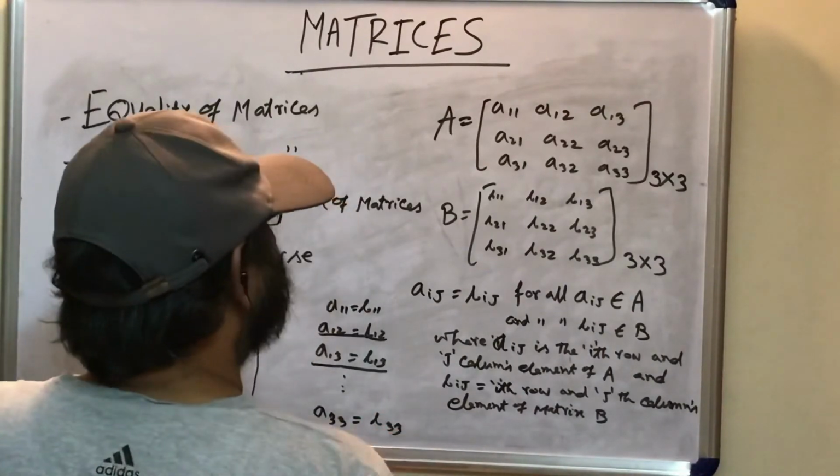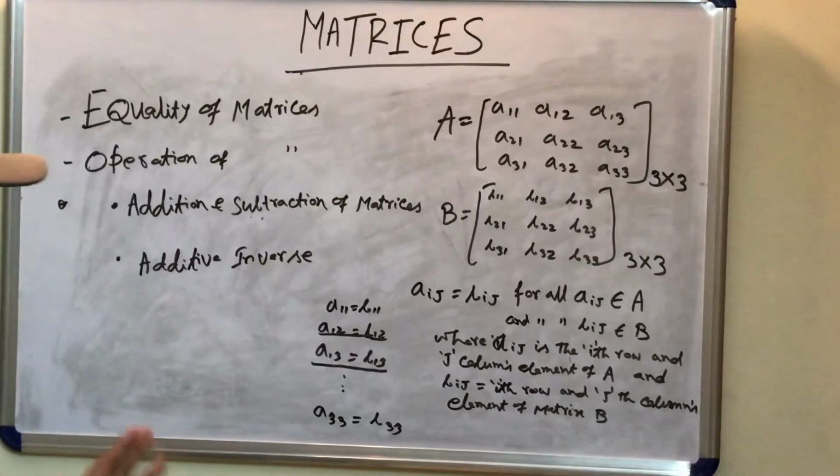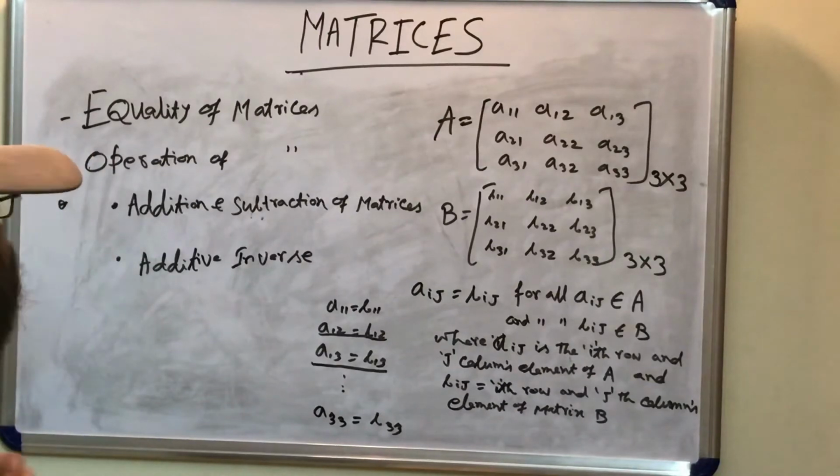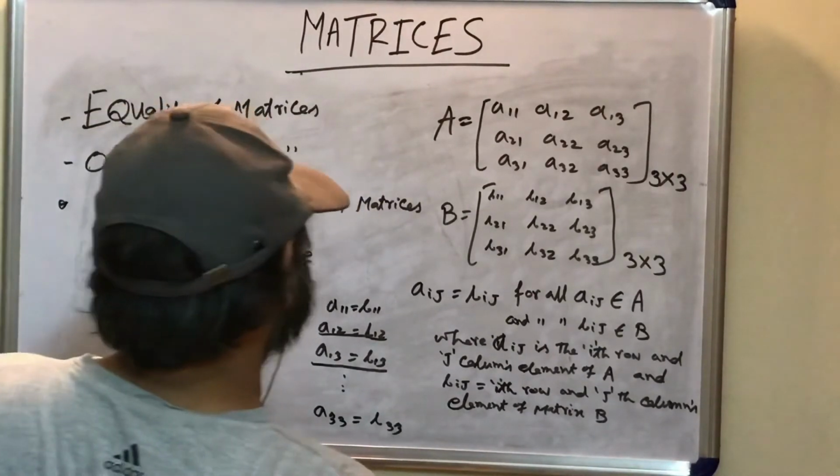That is, if all corresponding elements of two matrices of the same order are equal, at that time we can say matrix A is equal to matrix B. I think it is clear to you.